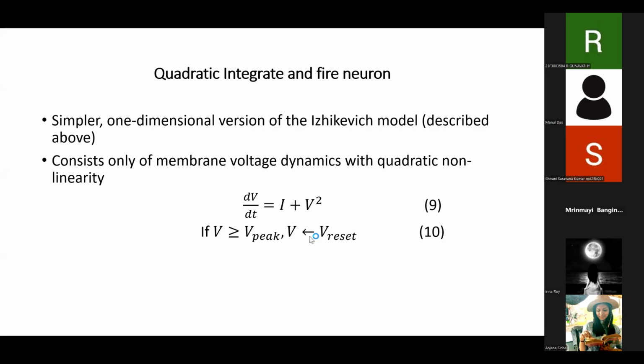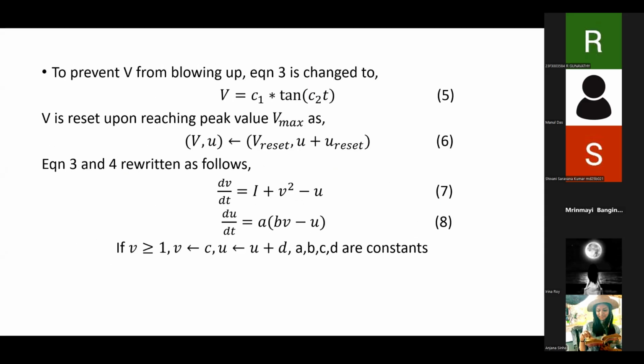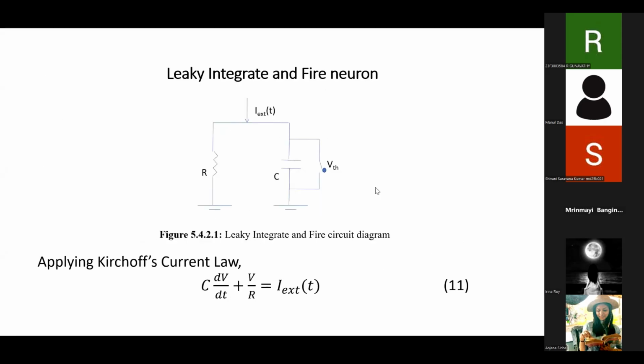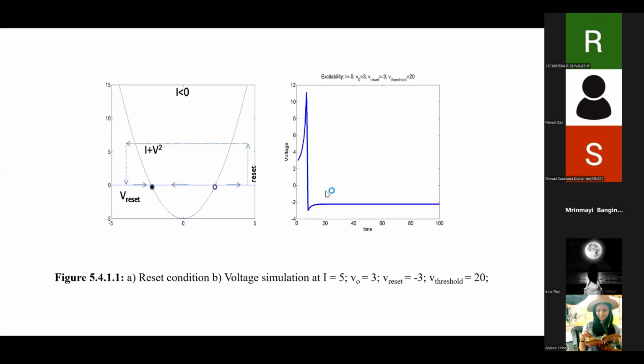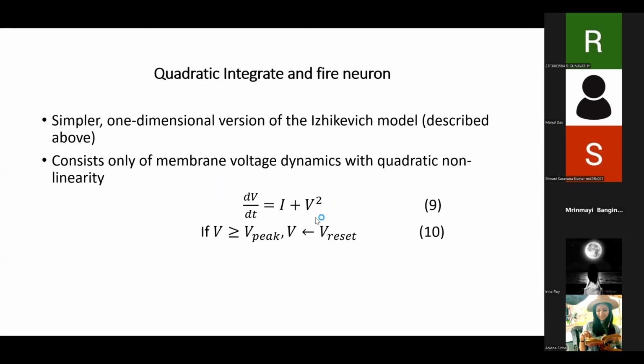Just like in the leaky integrate-and-fire, we had a resetting step: if the voltage crosses some value theta, it will reset back to 0. Similarly, here also, we need a resetting step. If voltage crosses the peak value Vp, it will reset back to a low value, which is V reset. Now, how does this kind of neuron behave?